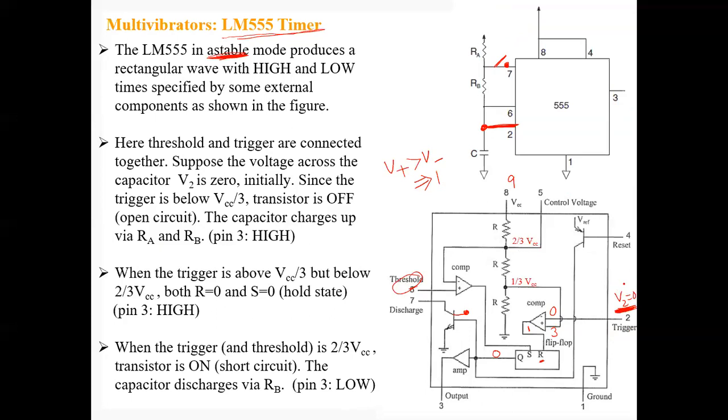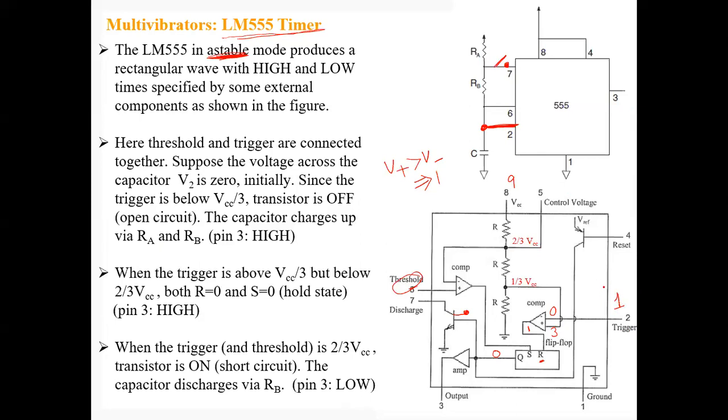What did I say? When you begin with voltage V2 equals 0 here, this is what you do all the time. Your initial voltage is always 0. So you start from 0, and it's slowly going to rise.